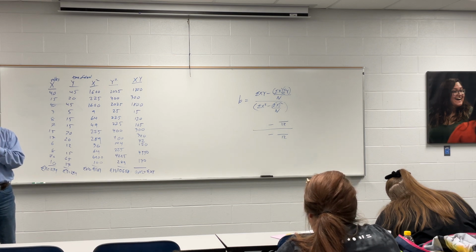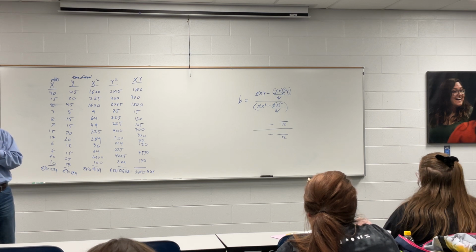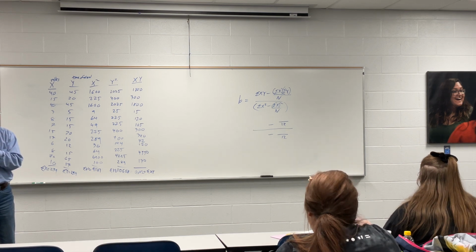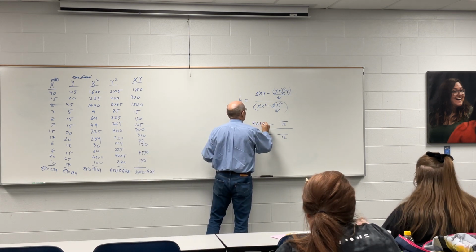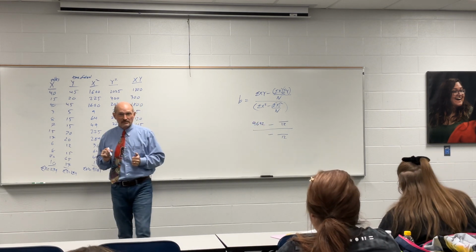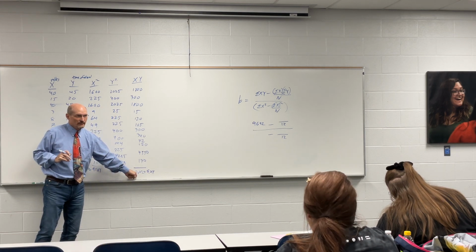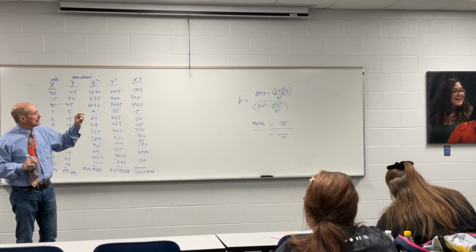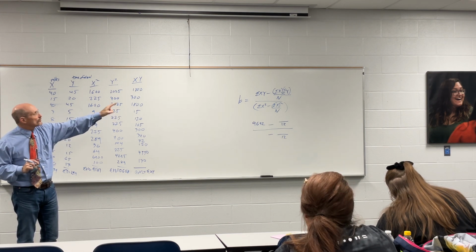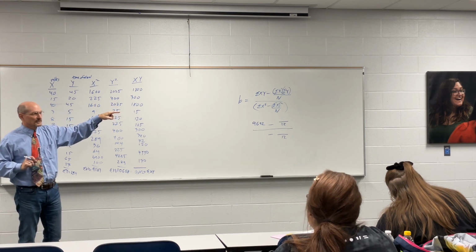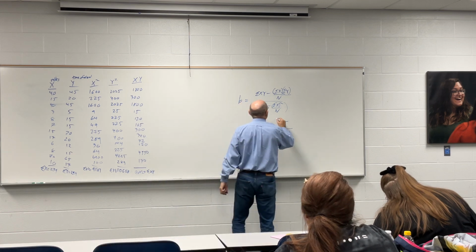So let's start here, Mackenzie. What value do I want to plug in the top left of my numerator for the summation of x, y? Everybody see where we got that value? Pull it straight off right here. What value do I need in the numerator? 239 and 294.